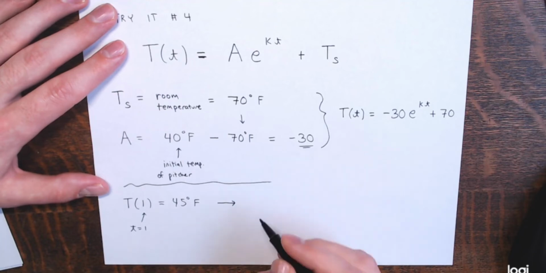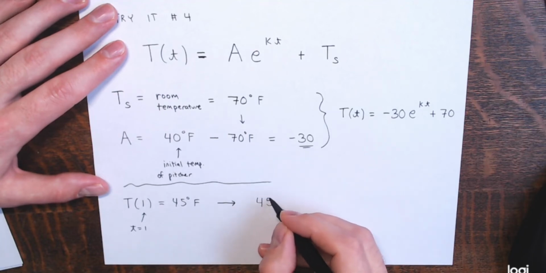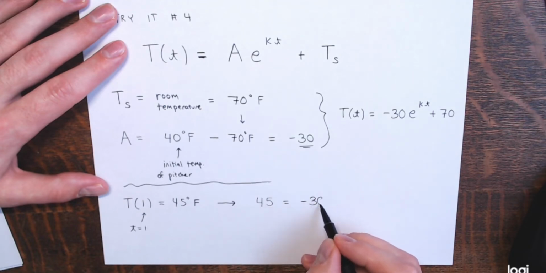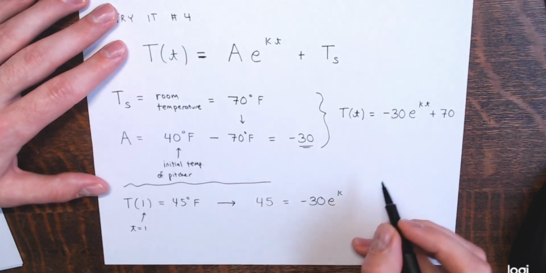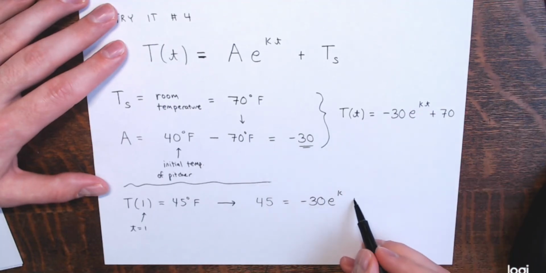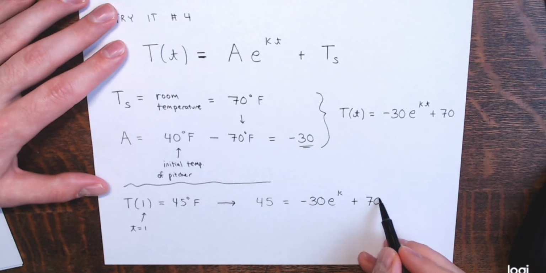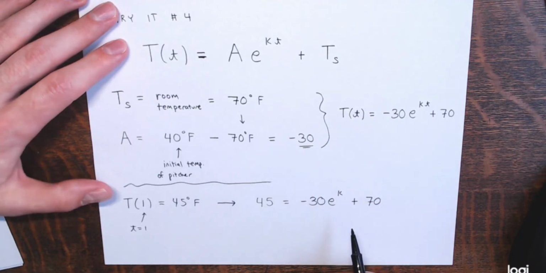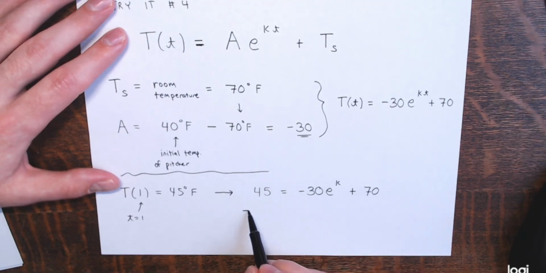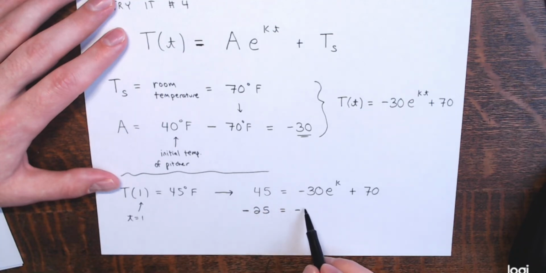I'd have 45 on the left side, 45 for T of t, equals negative 30 times e to the 1k. t is 1 hour, so this becomes 1 times k. And plus 70. And then I solve this for k. So first I'd subtract 70. 45 minus 70 is negative 25. Equals negative 30 times e to the k.